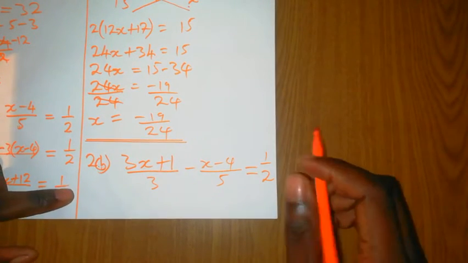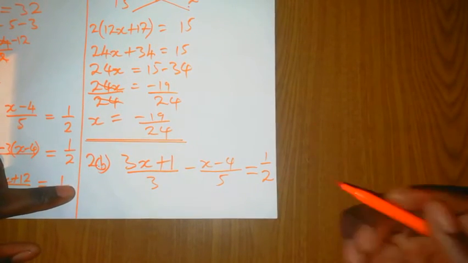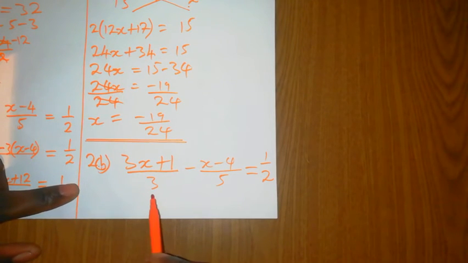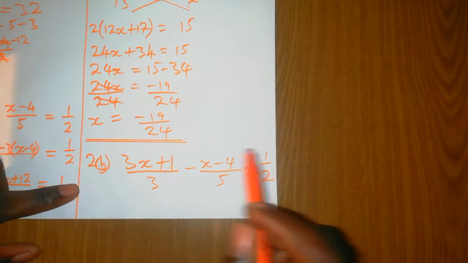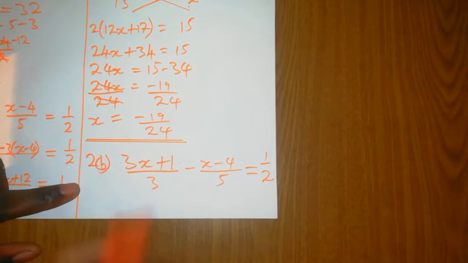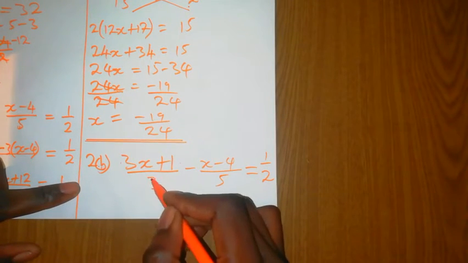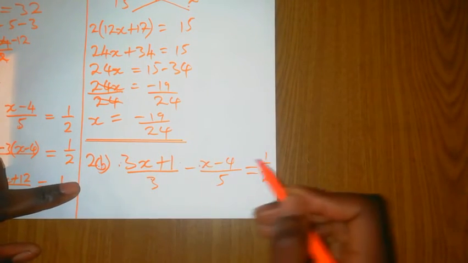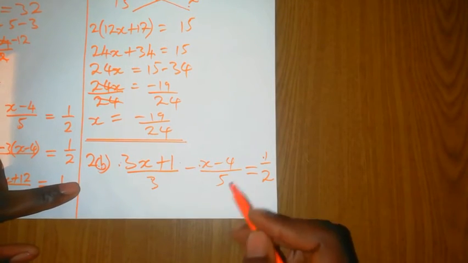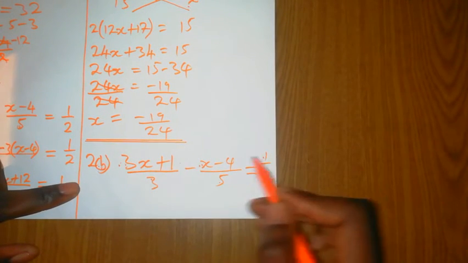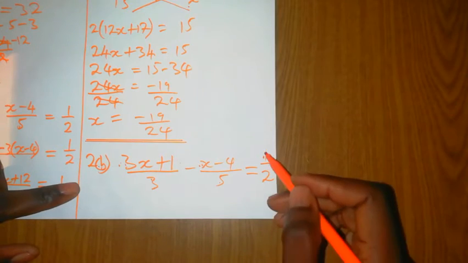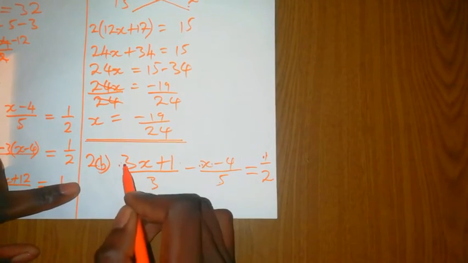Some might say they are used to that method of first clearing the fraction everywhere, right? So in this case, you multiply this 3 here, there, that side. You multiply this 5 here, there, that side. You multiply this 2 here, here, here.